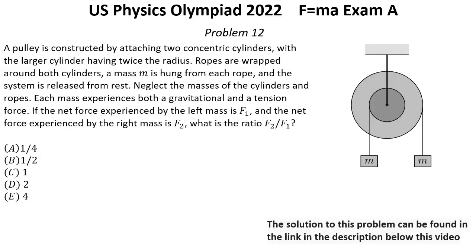A pulley is constructed by attaching two concentric cylinders with the larger cylinder having twice the radius. Ropes are wrapped around both cylinders. Mass m is hung from each rope and the system is released from rest.